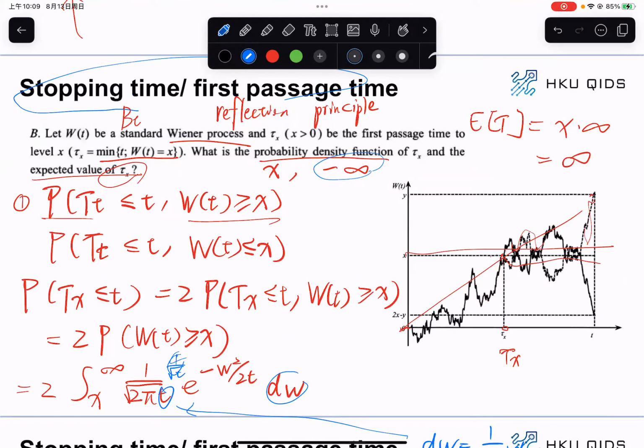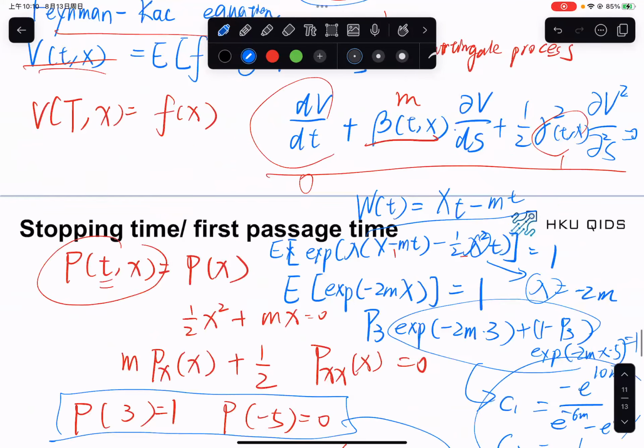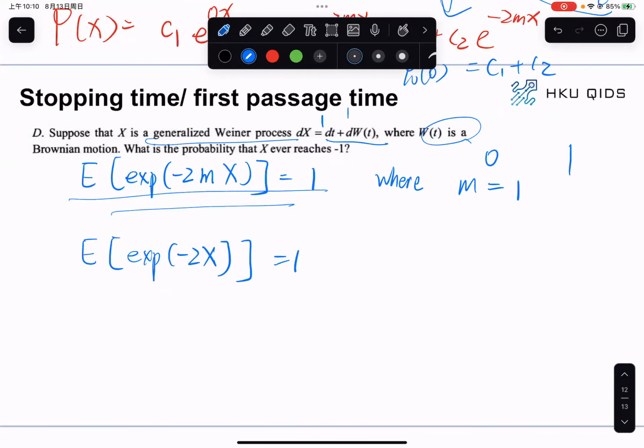For example, in question B, we have x larger than 0, which means we have the positive boundary. Then we just need to set the negative boundary as negative infinity. Similarly, for this question, we can say the boundary is -1 and also positive infinity.